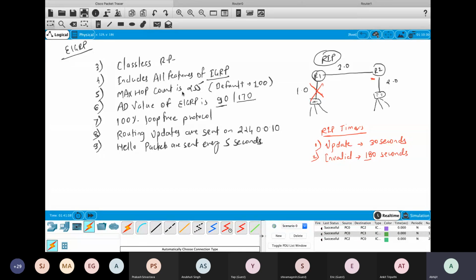Before R2 removes that route from its routing table, it will wait for 180 seconds for that route to come back again. Because as soon as the route goes down, R1 will stop advertising that route from the next update. Do you understand that?